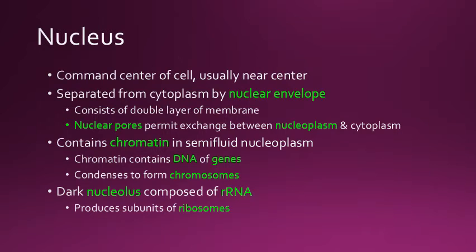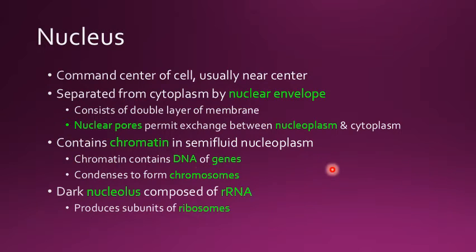So the first and most important, if you're into genetics, organelle is the nucleus. It is the command center, usually near the center. It has a nuclear envelope, a double layer of membrane. Nuclear pores permit exchange between nucleoplasm and cytoplasm.